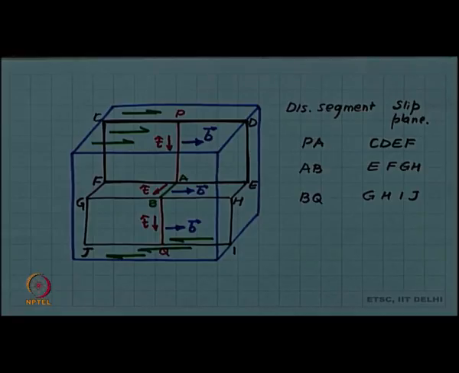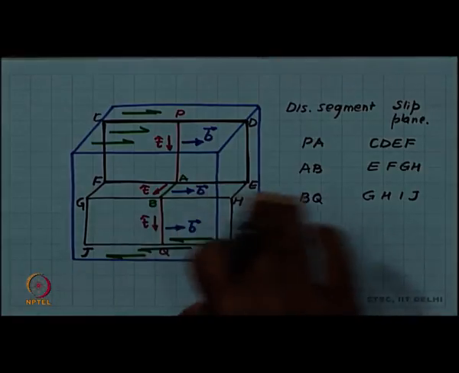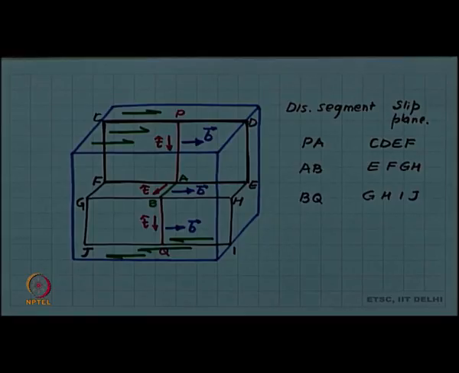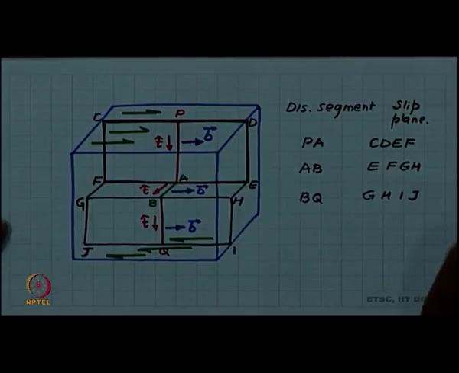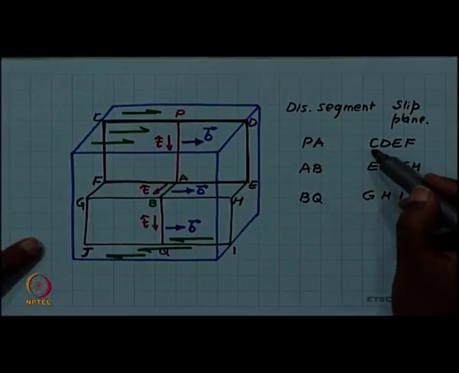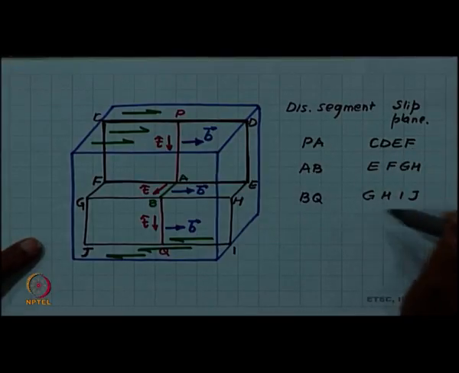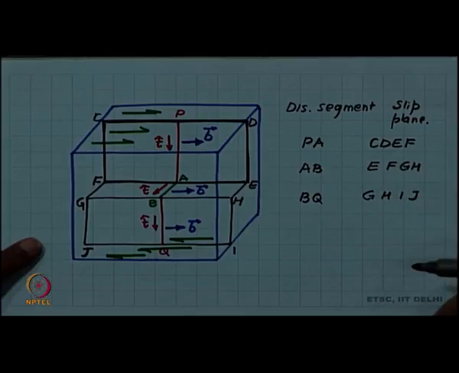So, we are trying to deform the crystal using this shear stress. Notice that this horizontal shear will be felt on the slip plane EFGH, but it will not be felt on the slip planes CDEF and GHIJ, which are vertical.